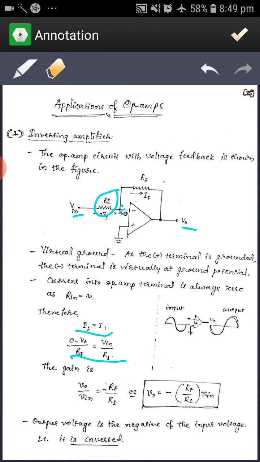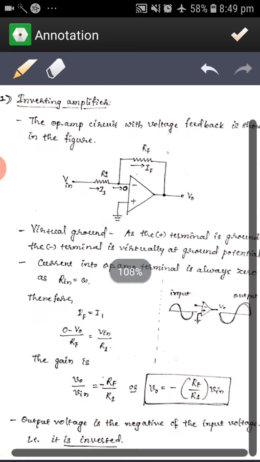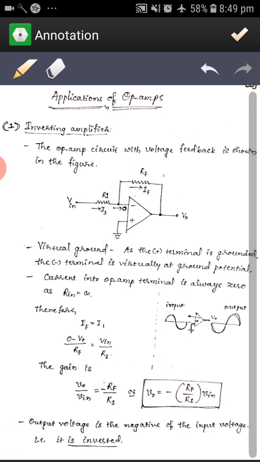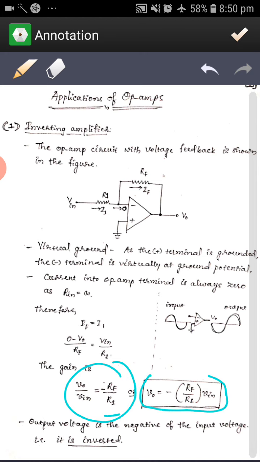The gain is Vo by Vin. Taking the cross multiplication and arrangement, Vo by Vin is equal to minus RF by R1. So the output voltage Vo is equal to minus RF by R1 into Vin.